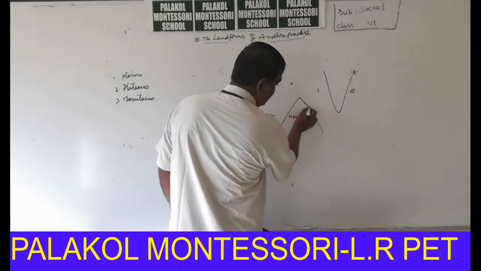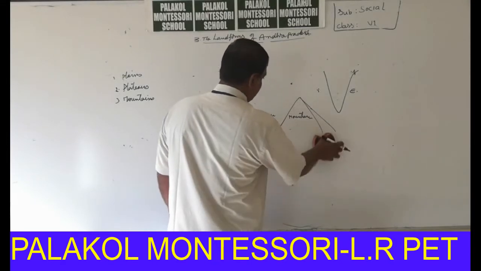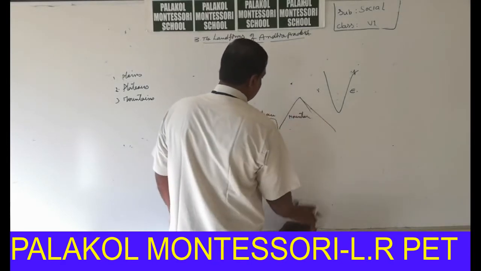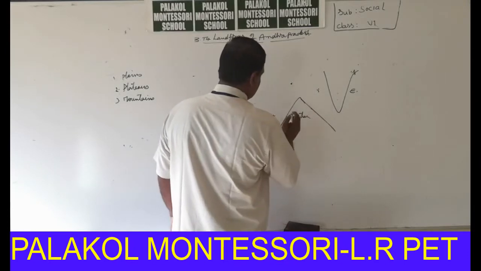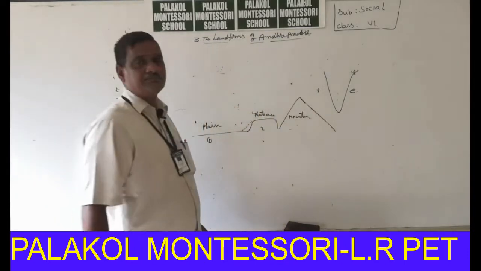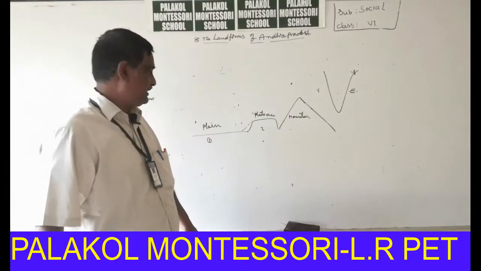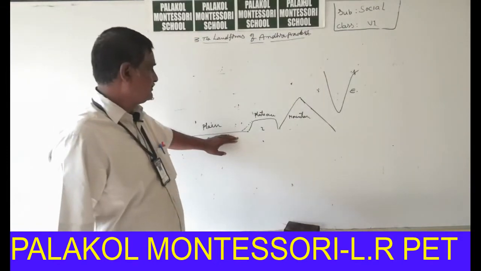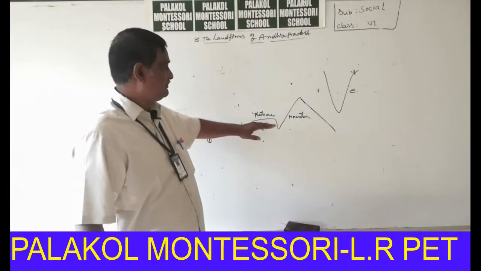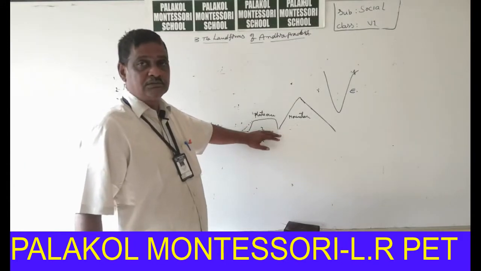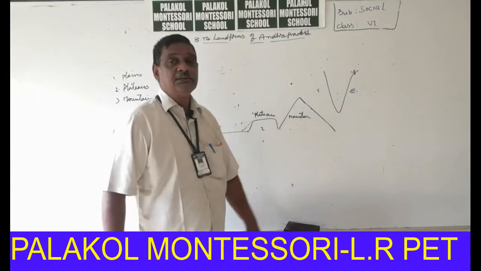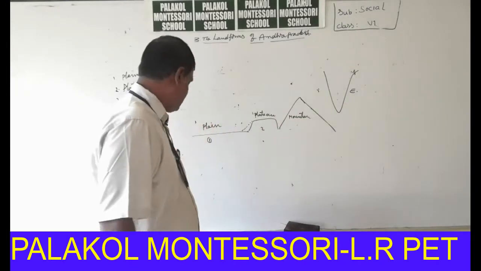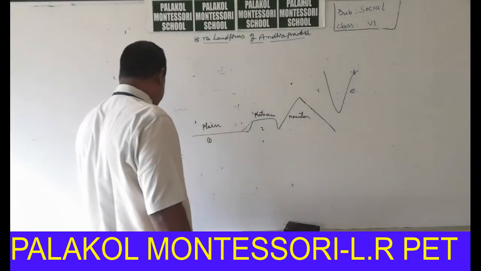You observe, these are slopes. Understand? This is plain, this is plateau, this is mountain. These are the three landforms.